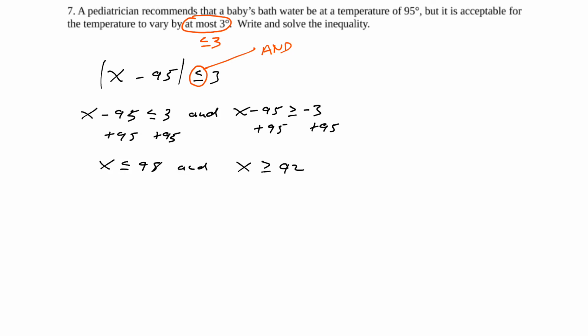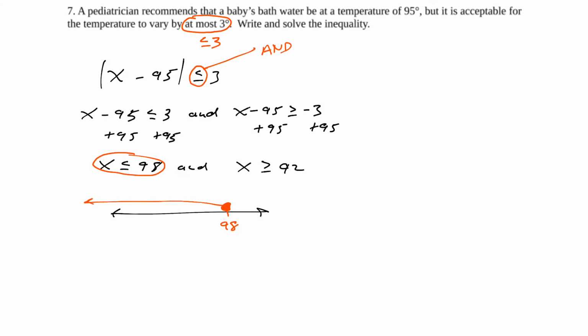Now let's talk about our number line on this one, since they didn't draw one for us, but we should really do this. We only need to put two numbers on our number line. So again, we are going to do the inequality on the left in red. We're going to put 98 degrees on here. This one does have the equal to bar, so we're going to make a solid dot, and that one is shaded to the left.